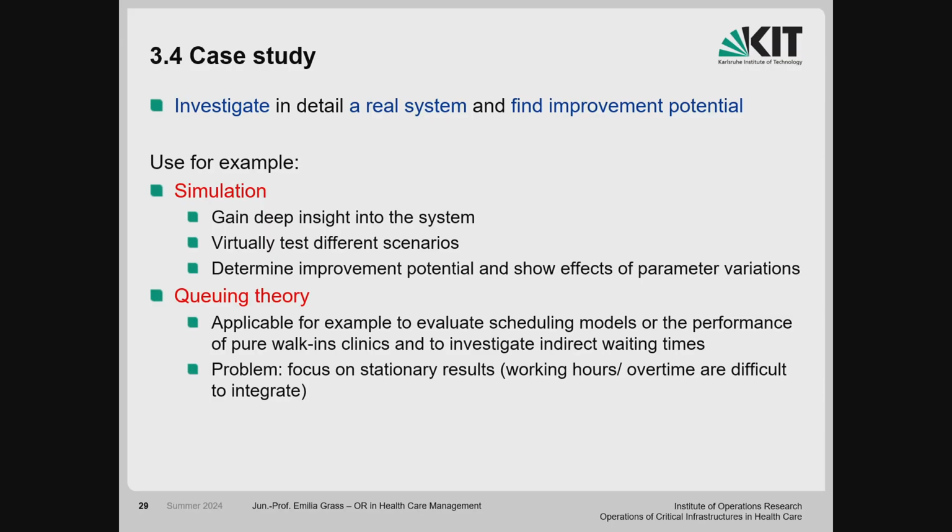So how long does a patient need to wait between the request and the actual appointment, or the queue length if the patients are coming into the emergency department. How long do they need to wait? How long is the queue before and after them?